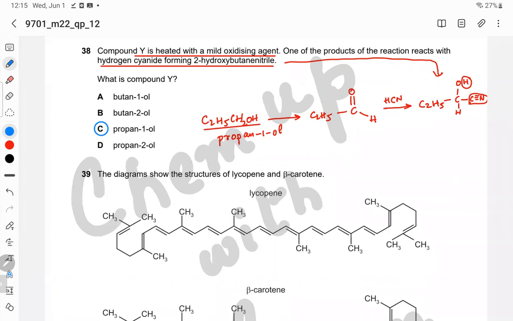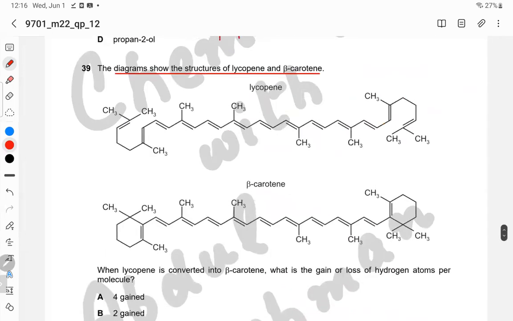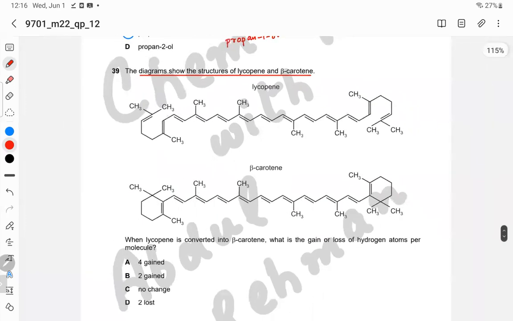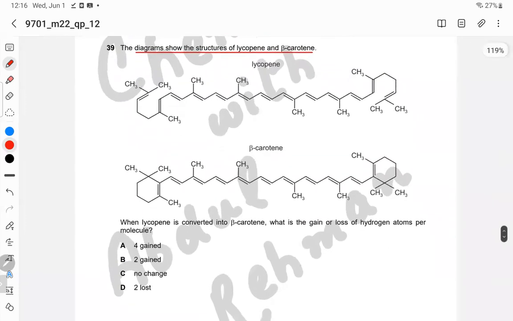Okay. Now question number 39. The diagram shows the structure of lycopene and beta carotene. So here we have our two structures. When lycopene is converted into beta carotene, what is the gain or loss of hydrogen atoms per molecule?